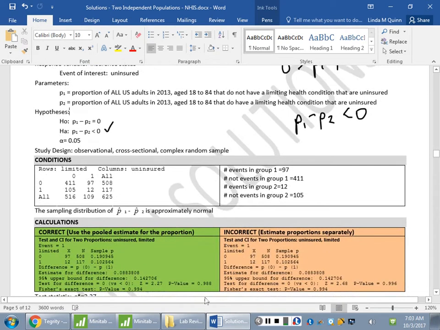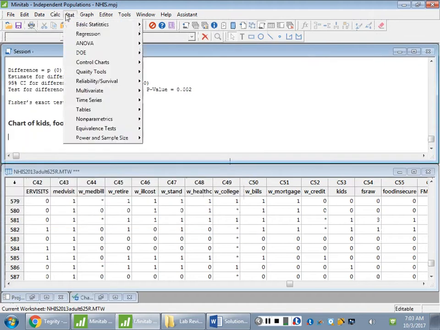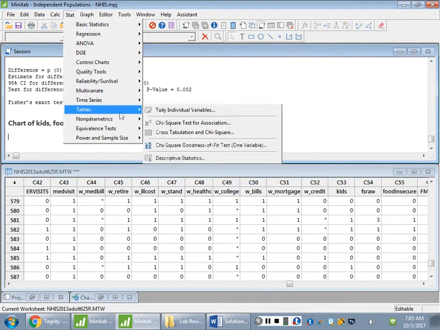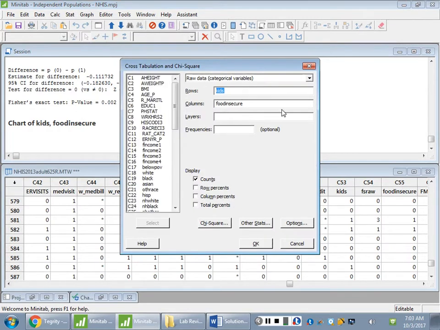First thing we need is we need to get that crosstab table. So I'm going to do that. So once again, that's still up under Stat, Tables, Crosstab. This time, my explanatory variable is limited. My response variable is insurance.